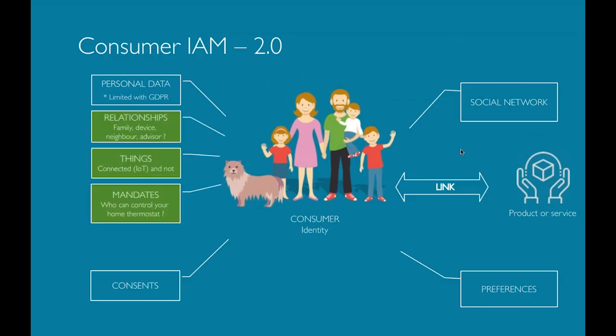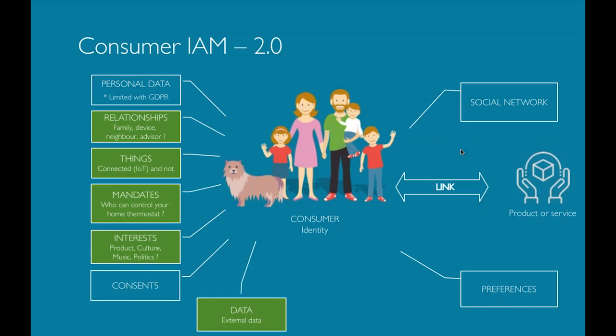Think of giving your financial advisor the mandate to collect financial data from your banks and pension funds, or to give the postman the instructions to deliver a package at the neighbors, not the ones on number 24 because you don't like them, but the ones on 28. And you give that neighbor on number 28 the mandate to sign for you for that package, as it's valuable and it needs a signature.